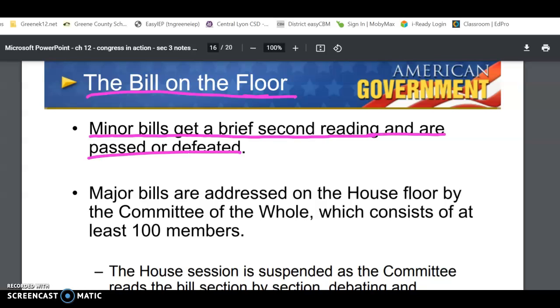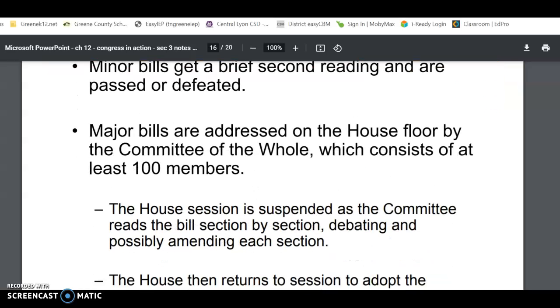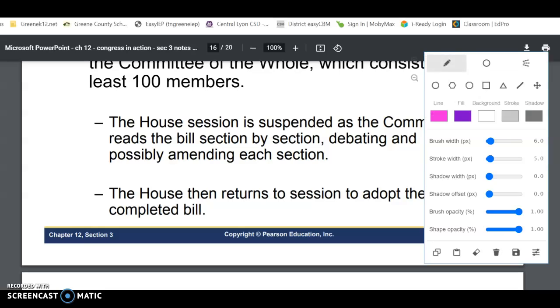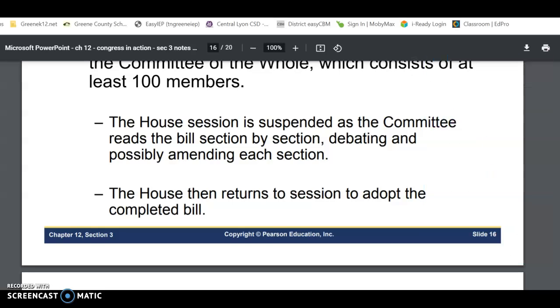But if it's a major bill, they're addressed on the House floor by the Committee of the Whole, which consists of at least 100 members. The regular House session is suspended as the committee reads the bill section by section, debating and possibly amending each section.